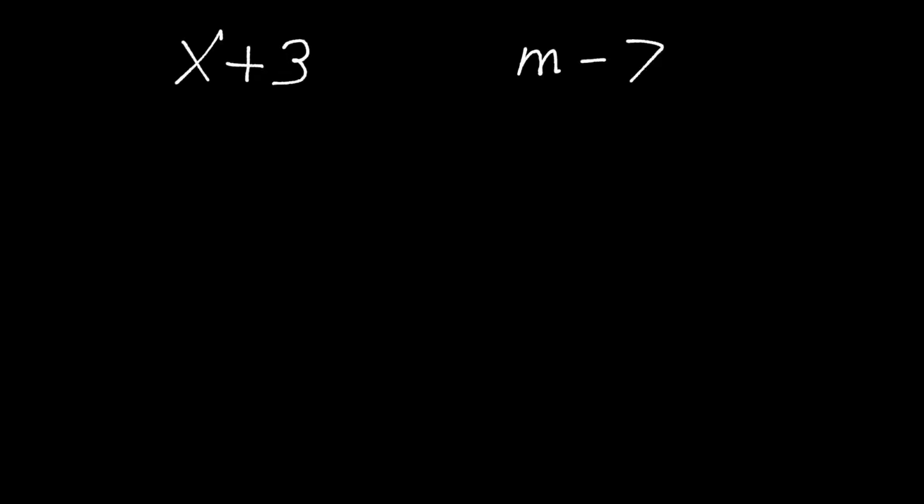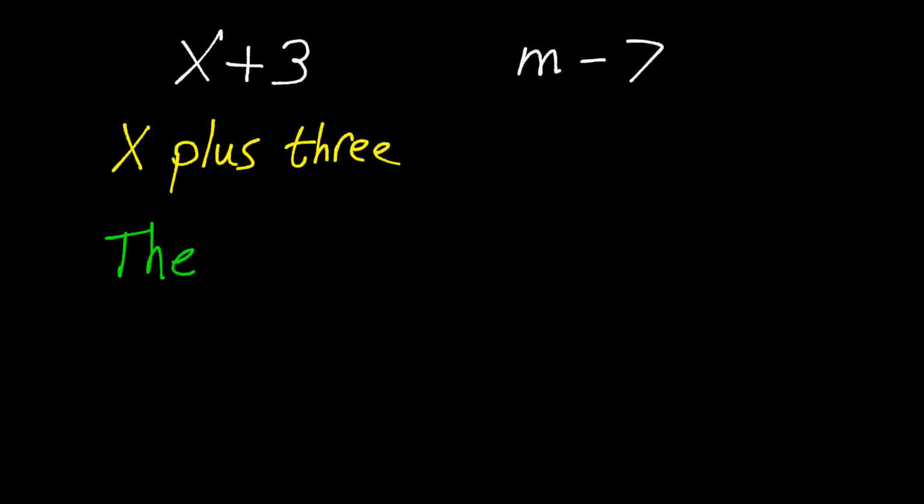One way we could do this is by saying, oh, x plus 3. It describes what's happening in our algebraic expression, and the important thing is we are correctly identifying the operation with plus. We could also call this, though, the sum of x and 3.